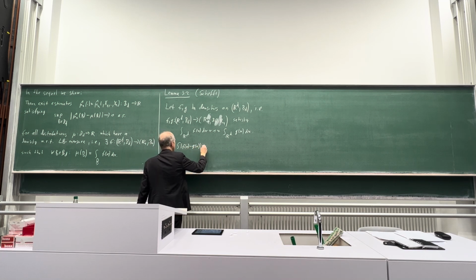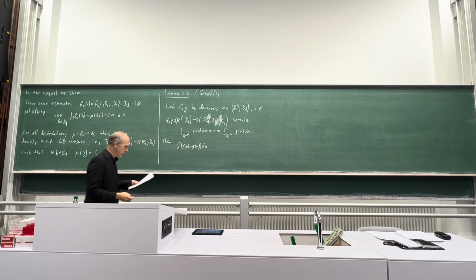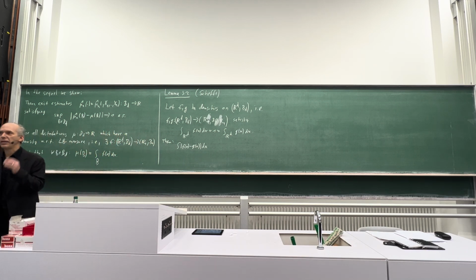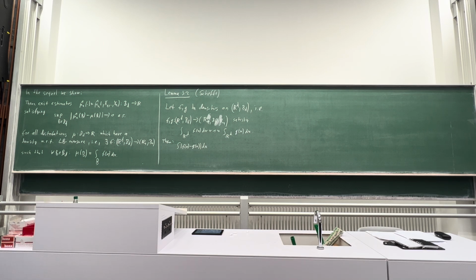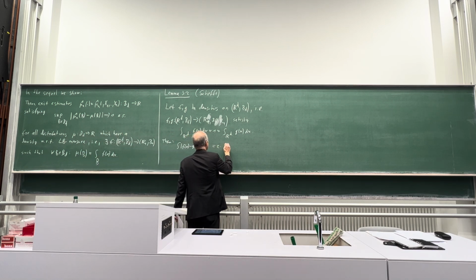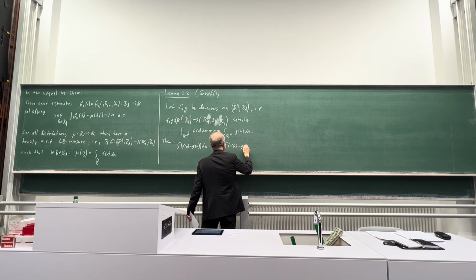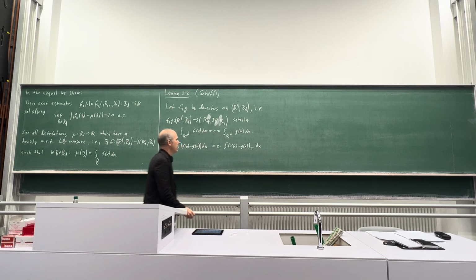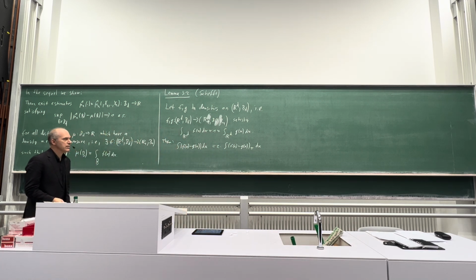the L1 distance between f and g, which is just the integral over R^d of the absolute value of f of x minus g of x. That's 2 times the integral of the positive part of f of x minus g of x, and because of symmetry, of course, you can just swap f and g.